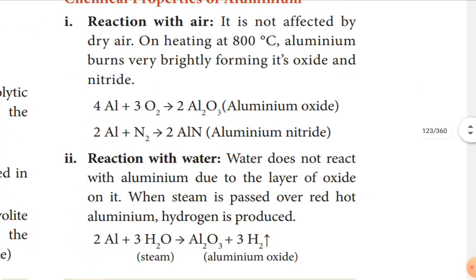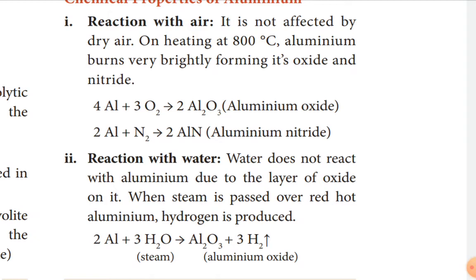Then the reaction with water. Aluminum does not easily react with water; if it did, we could not use it as vessels. But when steam is allowed to pass over red hot aluminum, the steam at high temperature reacts with the aluminum to form aluminum oxide and hydrogen.